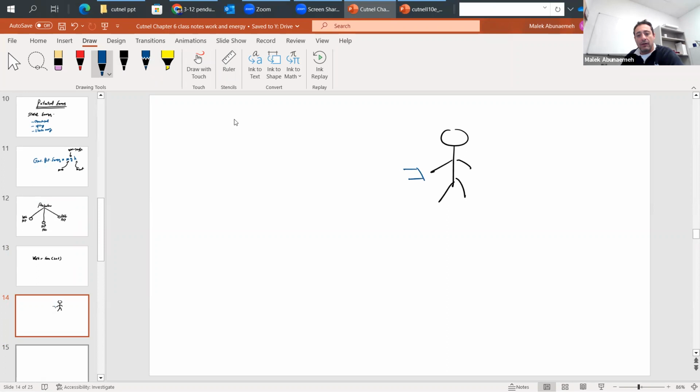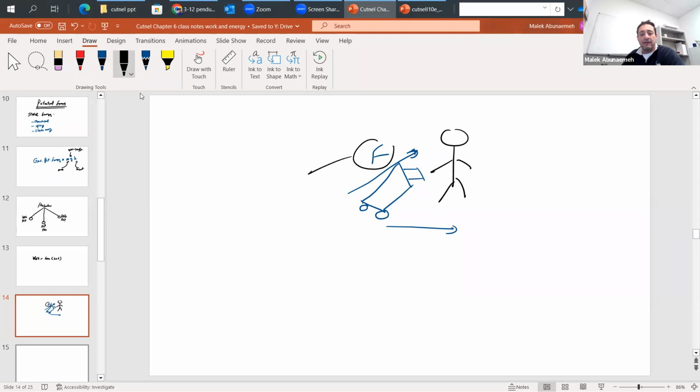You've got a suitcase that you're dragging, and it has wheels on the bottom, and you're taking it this way. Now, you're moving that way. Your force is acting on here. So let's just draw it over here, so you've got your force going in there.